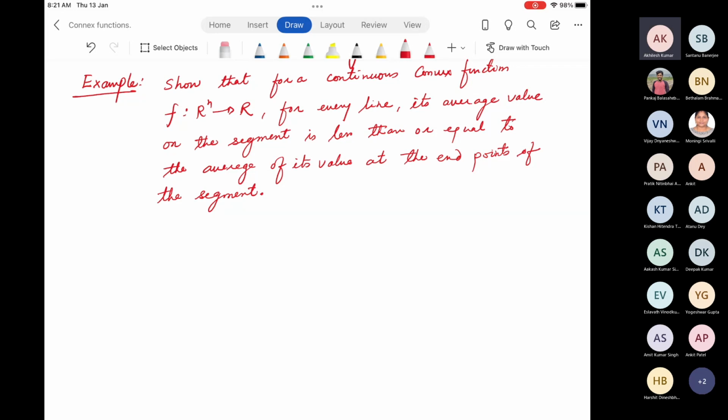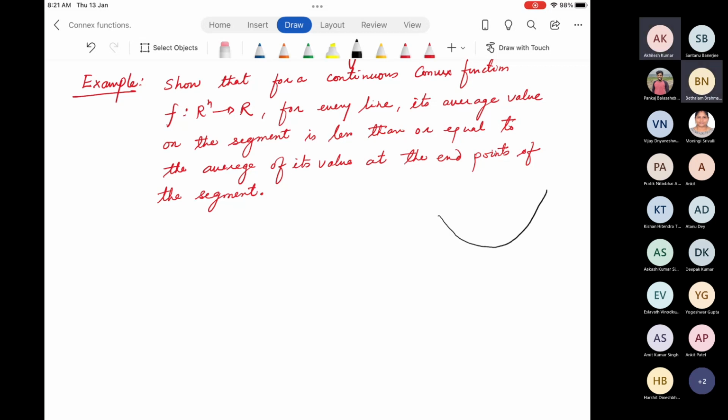Is the question clear, guys? Yes, sir. So what exactly is it asking? Sir, if we take some segment in a convex function. Okay, let me draw for the benefit of everyone.